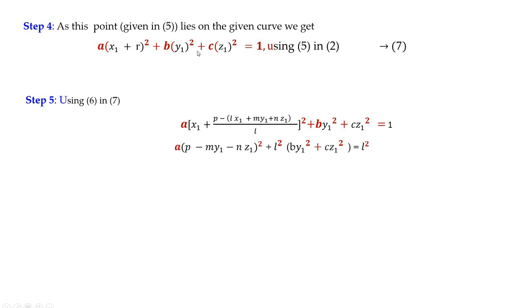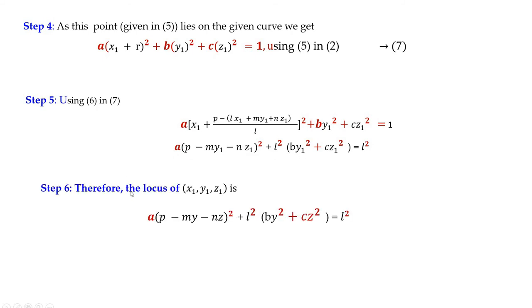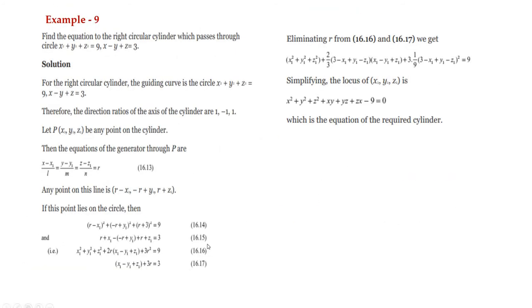So we have this, and replace your R by the quantity given in 6. So this is what we obtain, and this on simplification gives you this line, and from here by just dropping the suffix, this can further be simplified. So that will give the required equation of the cylinder.